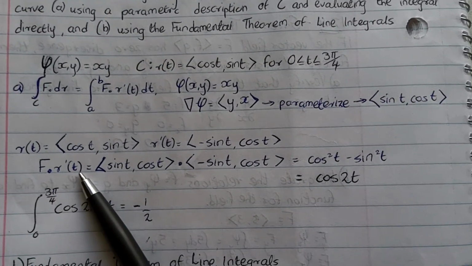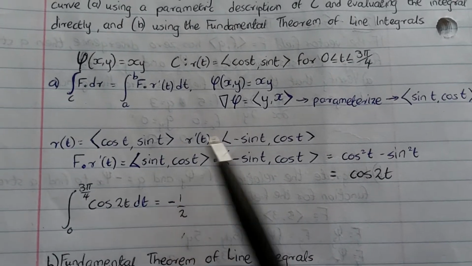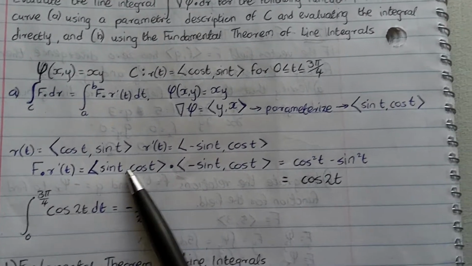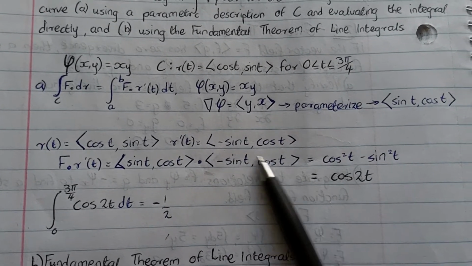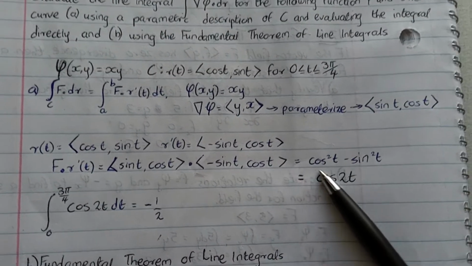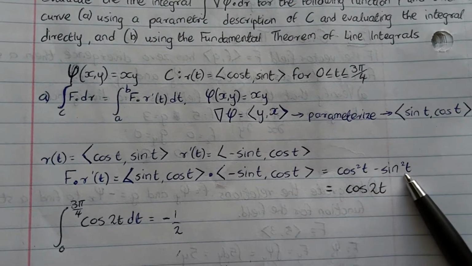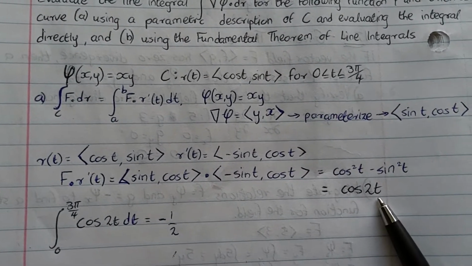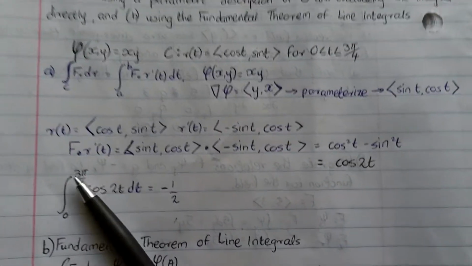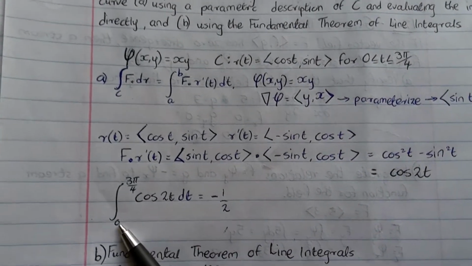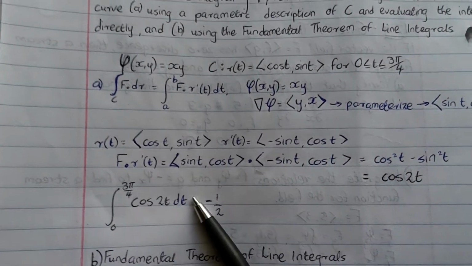So F dot r prime of t is, remember these are F over here, sine t, cosine t, dot the r derivative, negative sine t, cosine t, and you get cosine squared t minus sine squared t. So cosine 2t, using trig identities. So bring that cosine 2t over here, and your a and b, integrate, negative half.